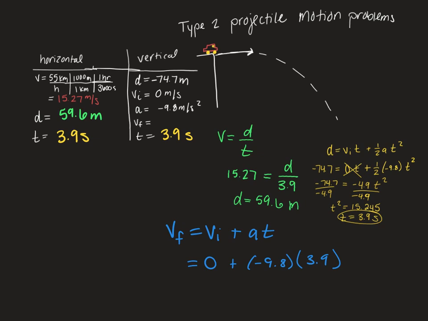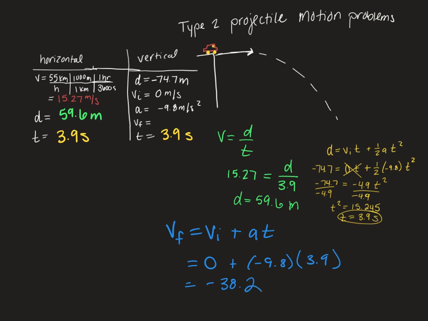We're using vertical variables if you use the other equation. So then you should get negative 9.8 times 3.9, and get negative 38.2.